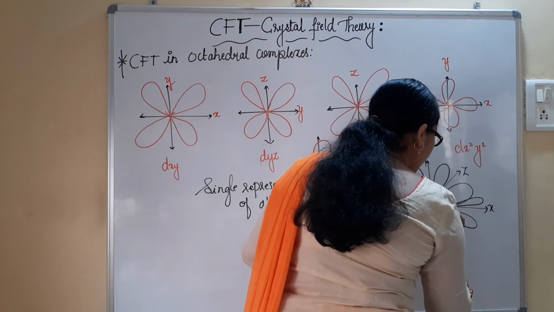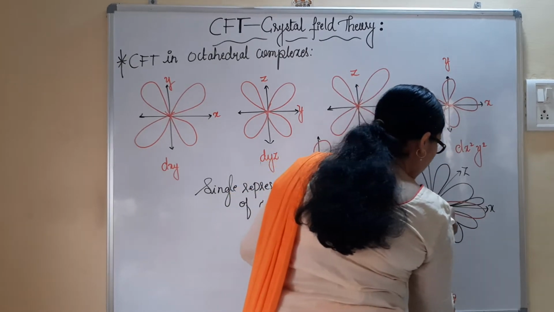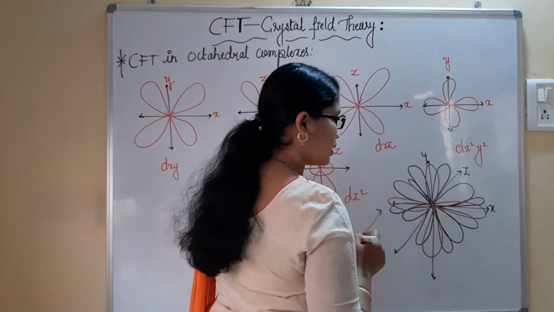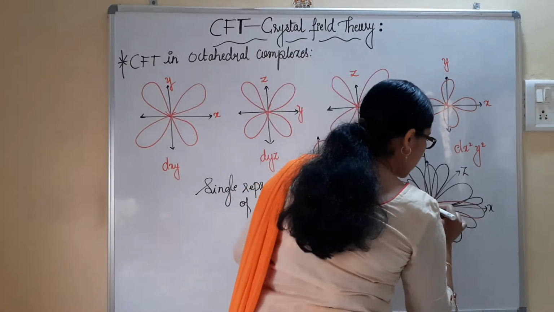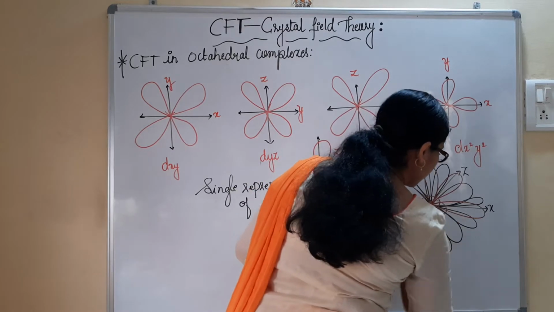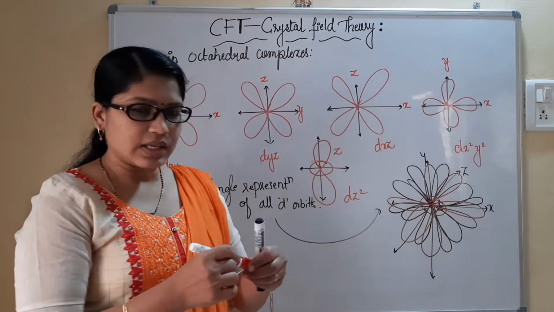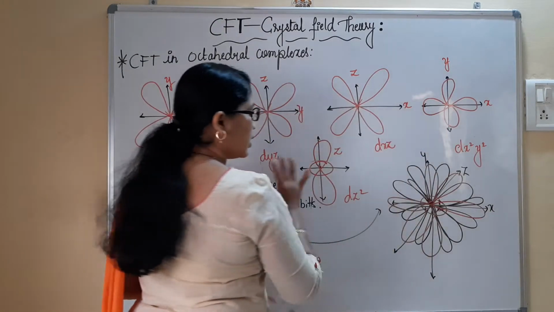Can you see here? X square minus y square orbitals are present along the axis, right? As well, dz square is also present along the axis.